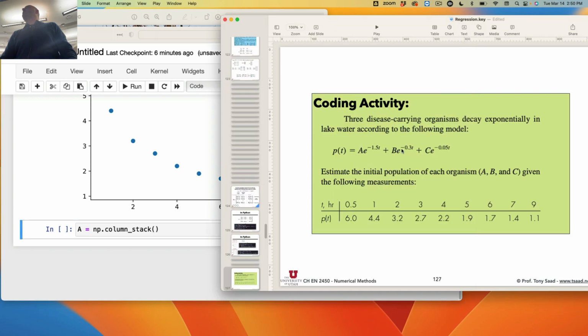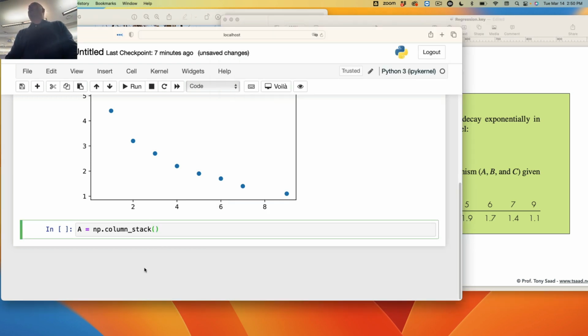So our basis functions are, in this order, e to the minus 1.5t. The second basis function is e to the minus 0.3t. And the third one, e to the minus 0.05t. You all with me? Okay. For column stack, we're going to put those exactly as they show up. So you open parentheses, but then I'm going to put them in brackets.